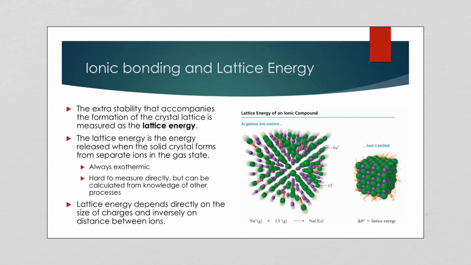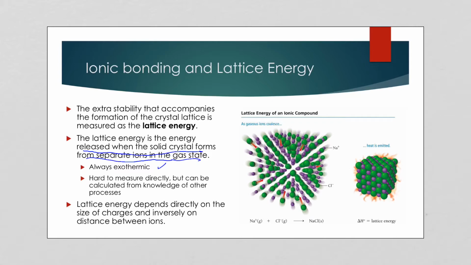Now, in ionic bonding, we call that the lattice energy, right? So this is the energy released when the solid crystal forms from the separate ions, ideally in the gaseous state. So I talked about it's exothermic, but of course it's hard to measure directly, right? This is not something that we can model easily or do experiments on.